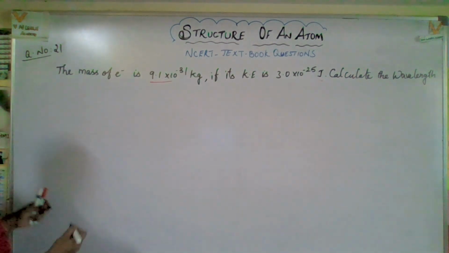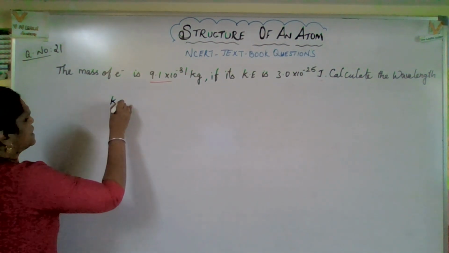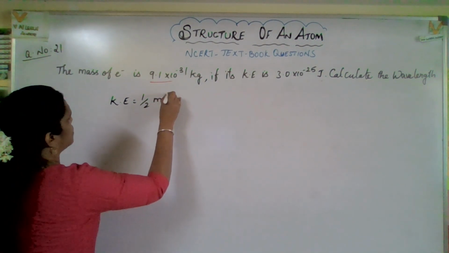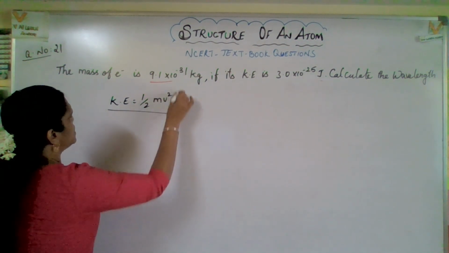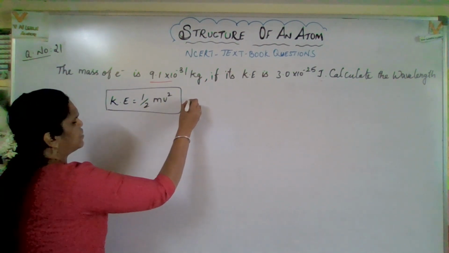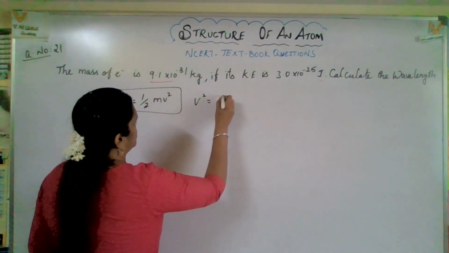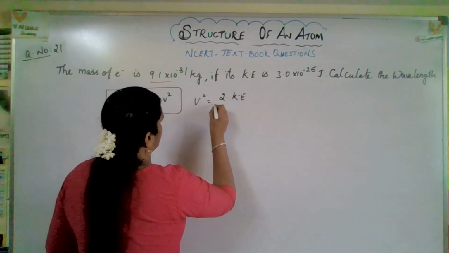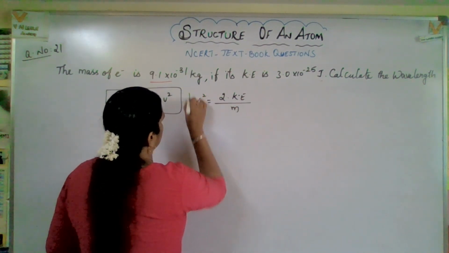Come on, let's go and identify. Kinetic energy is equal to half mv squared, so v squared is equal to 2 into KE divided by mass of electron.